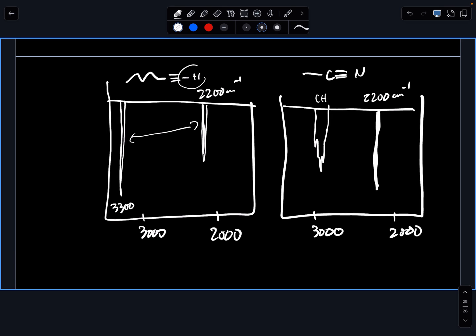If it doesn't have the left-hand peak, it's a nitrile. If it does have that peak, it's a terminal alkyne. And if it's an internal alkyne, it's just going to be like a little nub up there. Yeah, the big peak on the left represents the sp CH stretch.